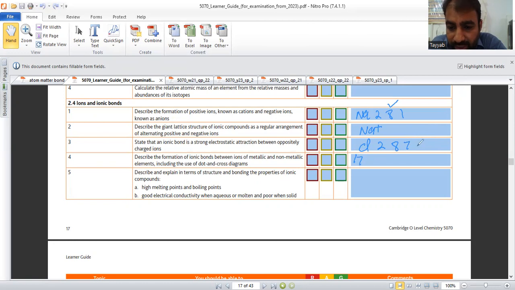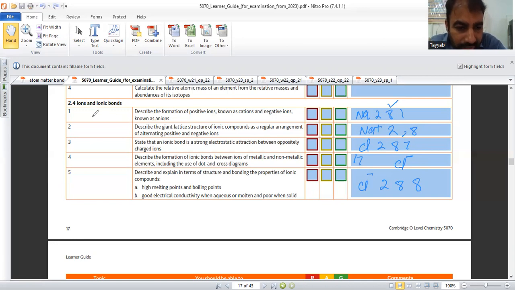So after gaining one electron, it changes into Cl-. The electronic configuration of the chloride ion is 2, 8, 8, and the electronic configuration of the sodium ion is 2, 8. Hope you are clear with this.